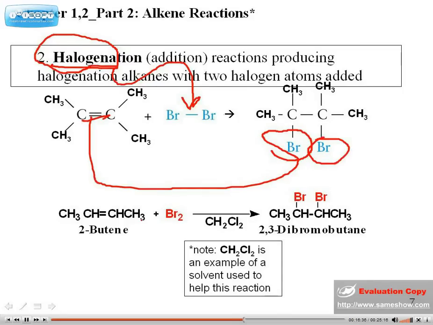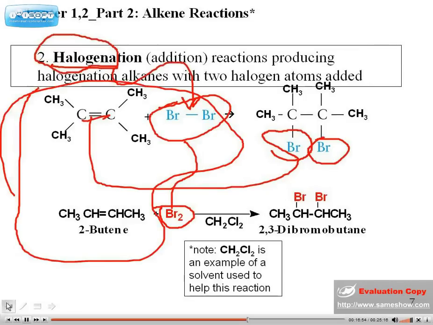I could add F2 or I2. I could write it like this where you see the bond, or I can write it in this example on the bottom as the molecular formula, Br2 or Cl2. So make sure you recognize these starting reactant formats, and of course you'll have to predict the products over here that I'm currently highlighting.